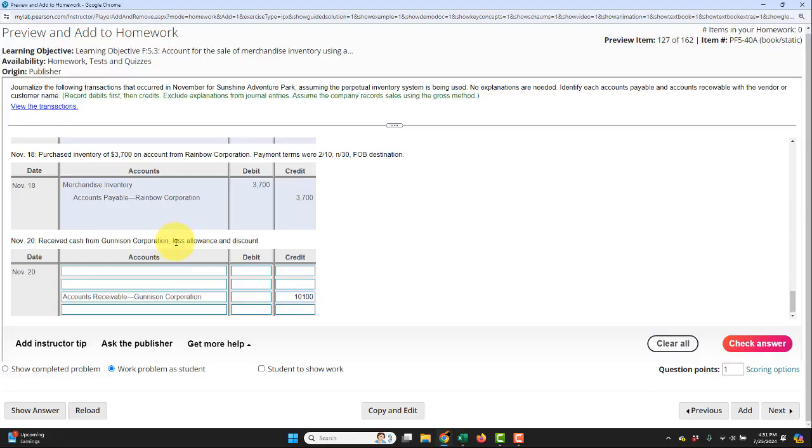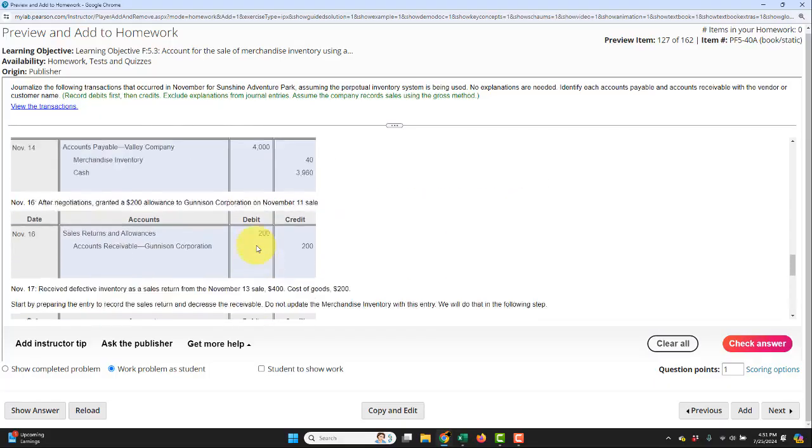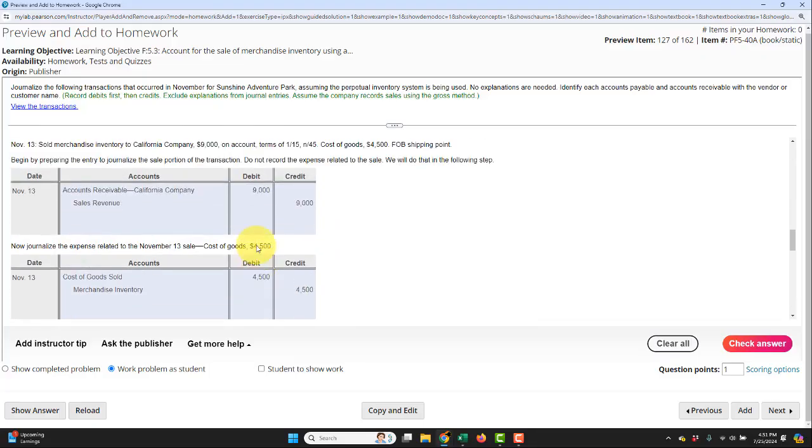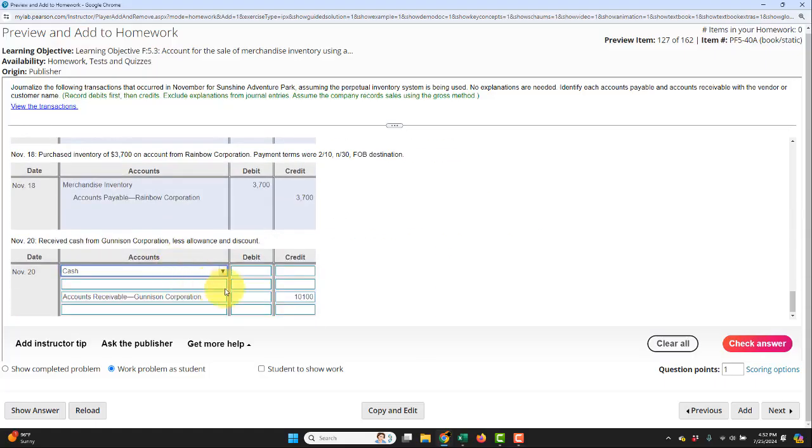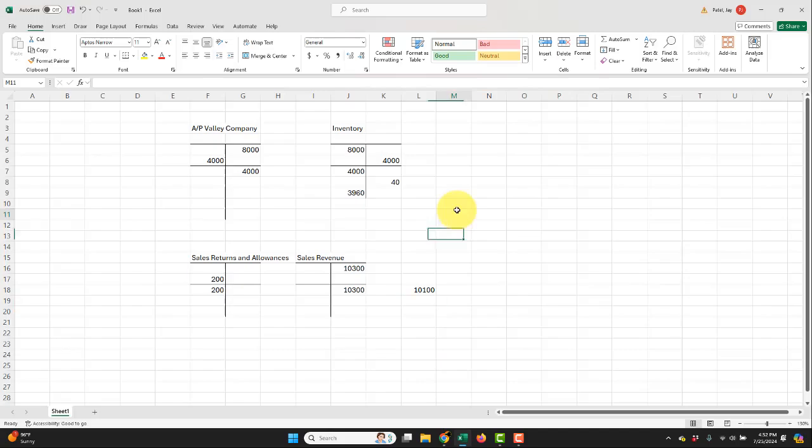Now, they're also going to be taking the discount because we offer them some credit terms. So we know the cash that we're bringing in is not going to be the full 10,100. It's going to be less than that, but how much? Let's see what we offer them. We offer them 3/10 net end of month, and they paid us within those 10 days. So we're going to get 97% of 10,100.